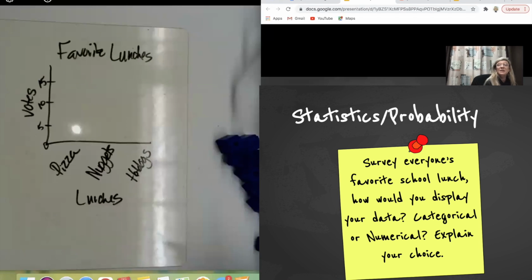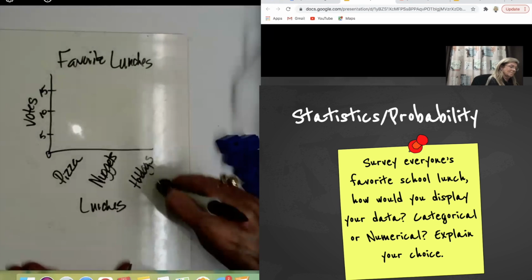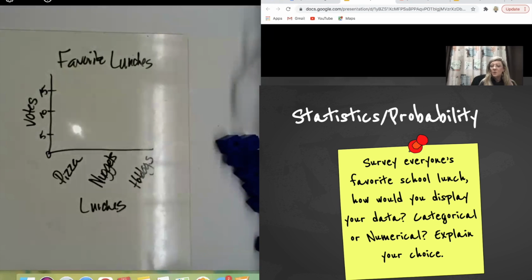Right. So to me, that's it. If you're asking for them to give you a number, it makes it numerical data. If you're asking for them to give you a category, a choice of something other than a number, then it becomes categorical. So you're right. It all depends on the question. If your question asks, how many siblings do you have? 1, 2, or 3?